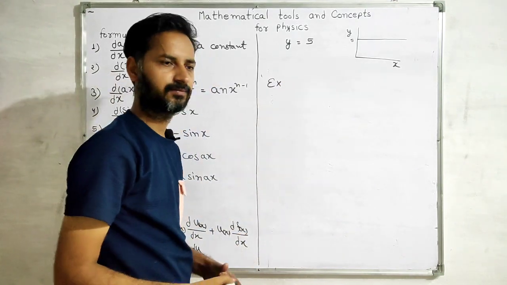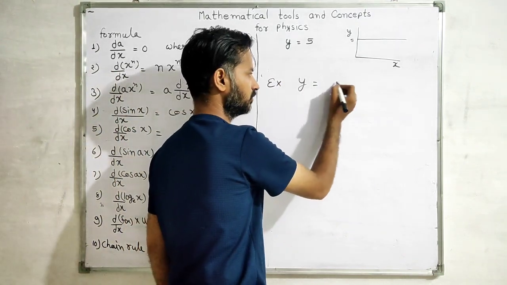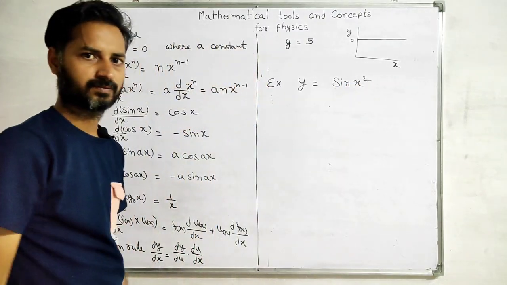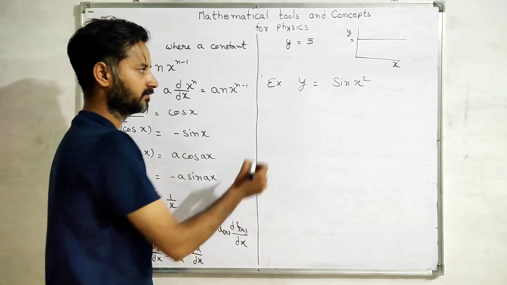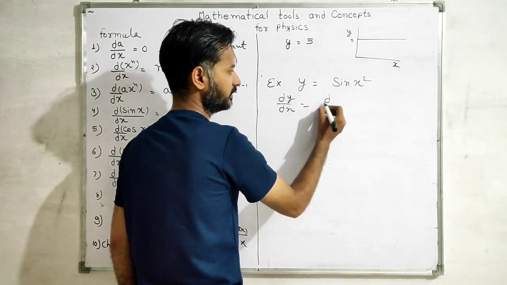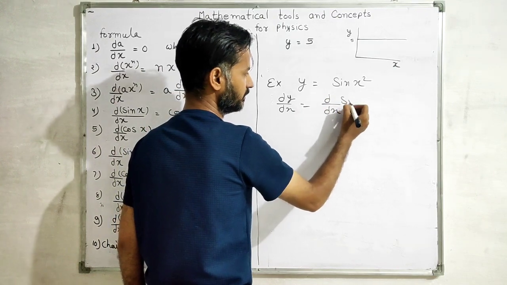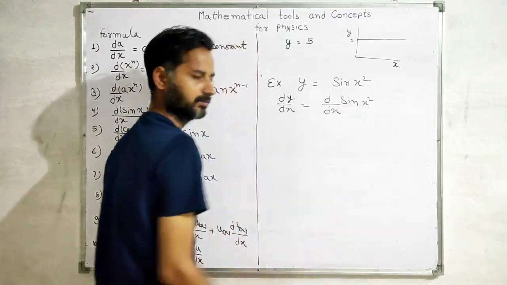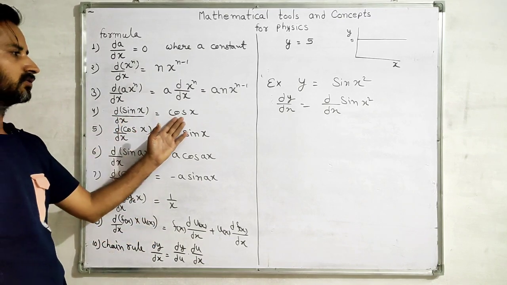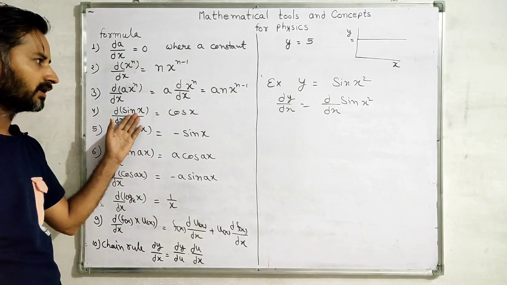The next example is let y is equal to sin x square. And we want to find the derivative, then dy by dx is d by dx sin x square. As we have the formula d sin x is equal to cos x, not sin x square.